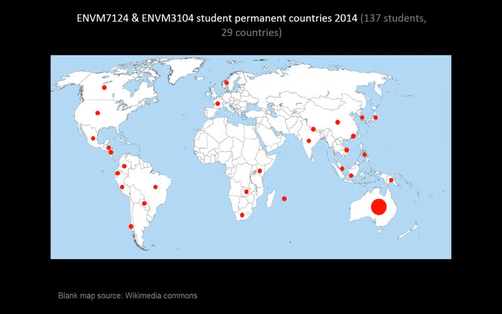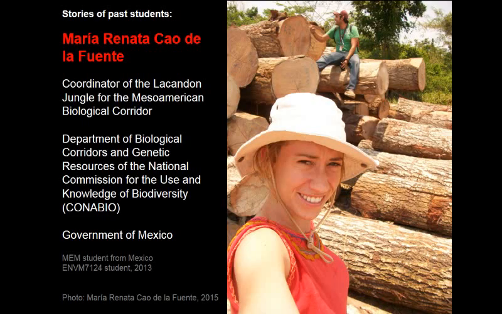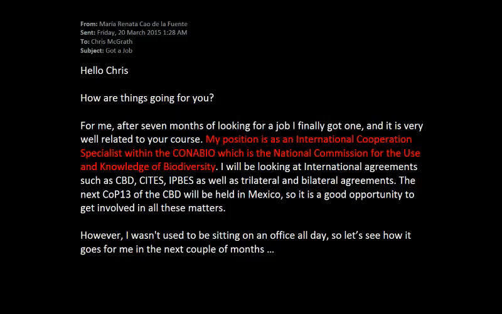This is Maria, who was a student in 2013, and she emailed me after she'd done the course, when she was working for the government of Mexico. This was an email she sent on the 20th of March 2015. "Hello Chris, how are things going for you?